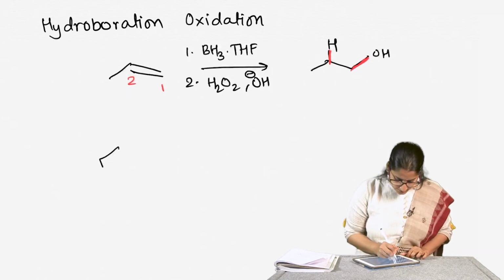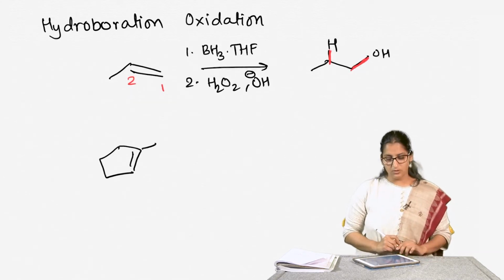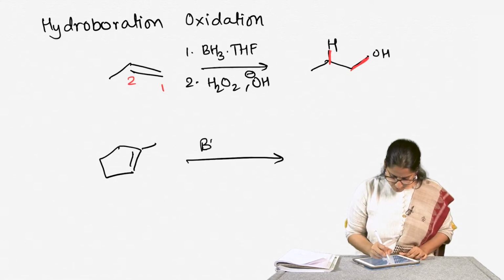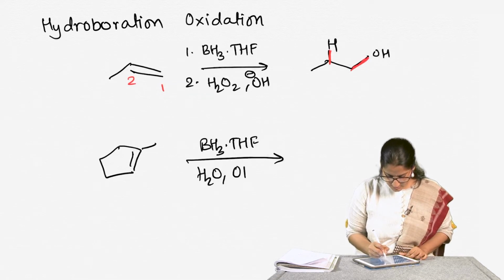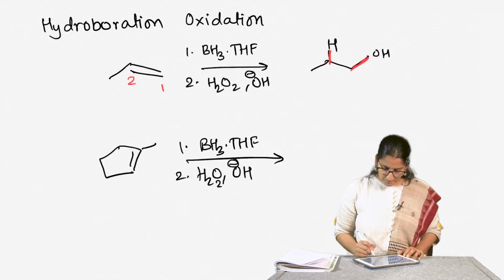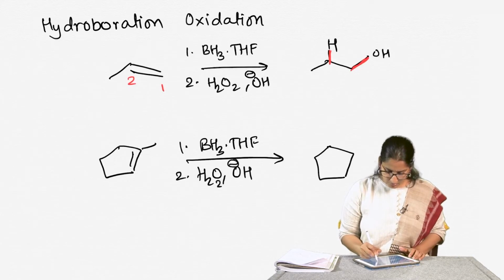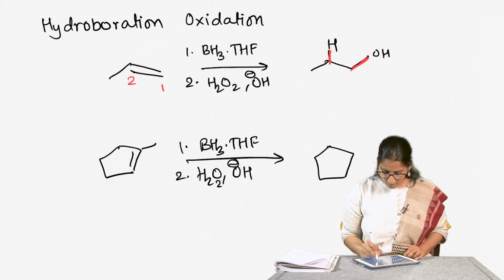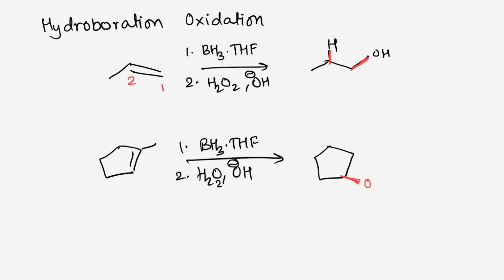If I take methylcyclopentene and perform BH3 THF and H2O2 OH minus, basically hydroboration and oxidation, then on the resulting molecule the OH will end up on the less substituted carbon and the hydrogen will end up on the more substituted carbon.